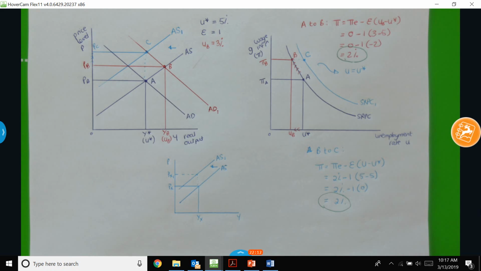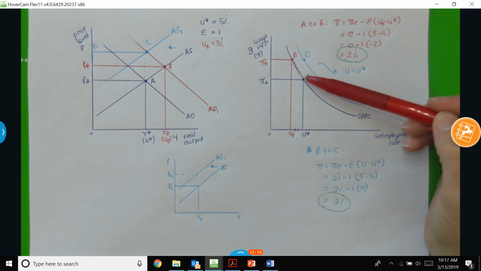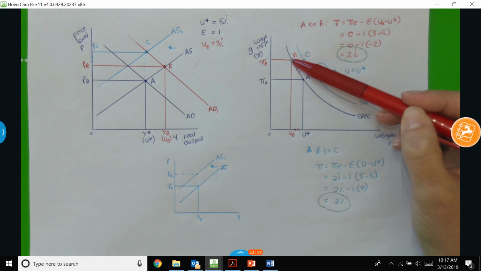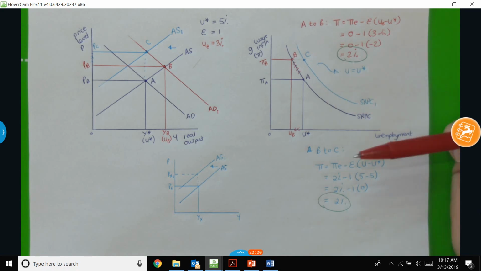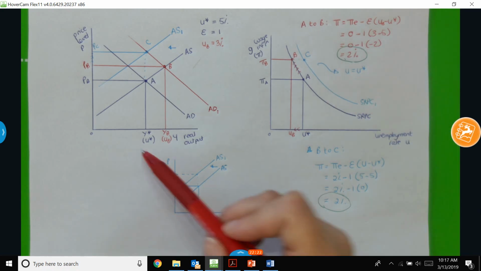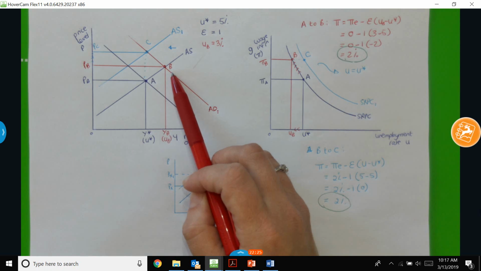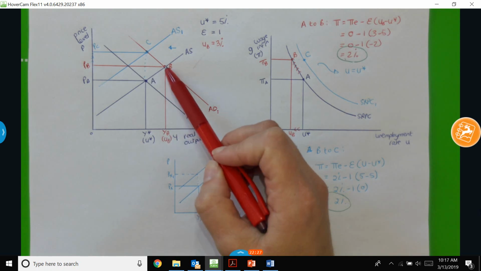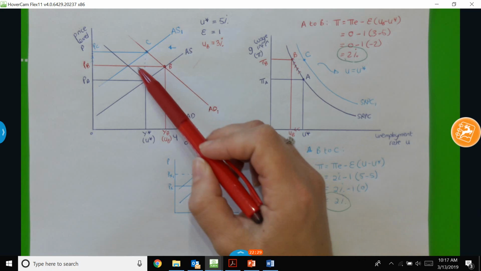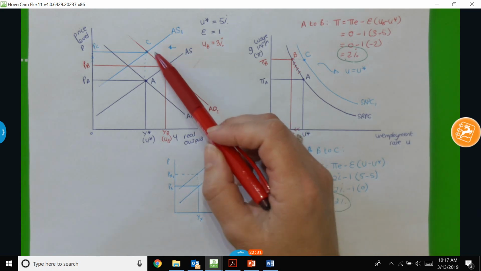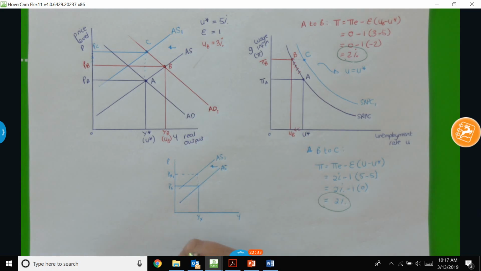This idea then means that in terms of our diagram, we would not move from, say, point A to point B to point C. Rather, if people are rational, they know that an increase in the demand for goods and services will increase prices, and that ultimately they will need to bargain for higher wage increases with their employers to avoid a decline in the purchasing power of their salaries.